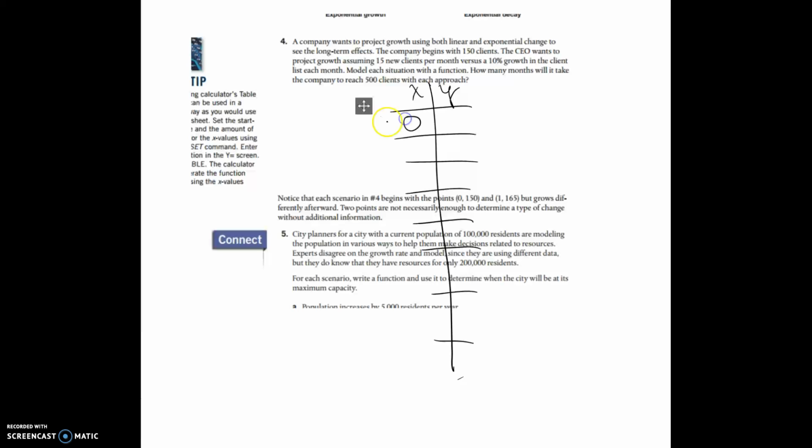So at 0, when you start doing the data, you have how many people? You have 150. And then every month, so 1 month, 2 months, 3 months, 4 months, 5 months, 6 months, 7 months, you're going to gain what? 15 new clients. So 165, 180, and I could keep filling out my chart. Okay.